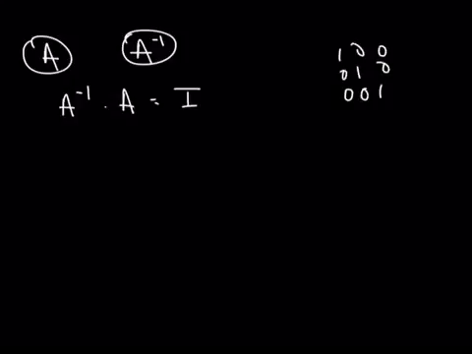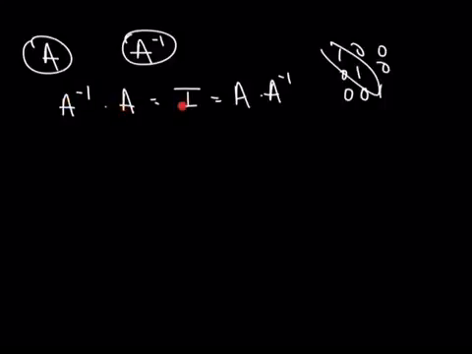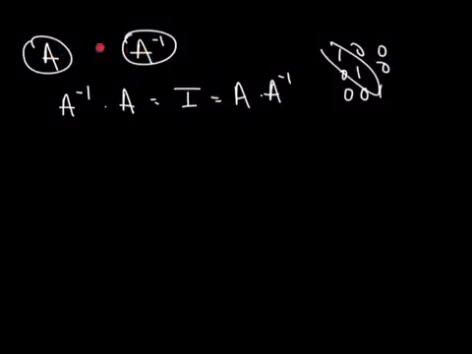So for an n by n matrix, or a square matrix A, if there's another matrix, the inverse of A, so that if we multiply the inverse times A, we will get the identity matrix, which depends on what size matrix we have, and that's also going to be the same as if we take A times the inverse of A. If this is a true statement, if the inverse times A equals the identity, or if A times its inverse also equals the identity, then A to the negative 1 is the inverse of A. Alright? So this is A inverse, this is A.